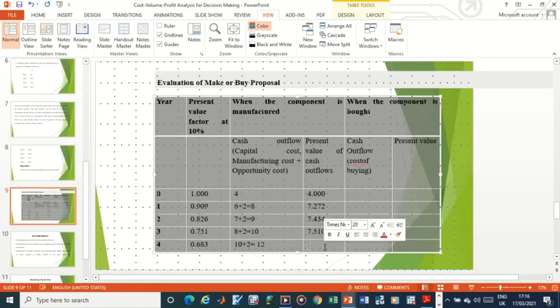Next is 12 multiplied by 0.863, and that gives us 8.196.